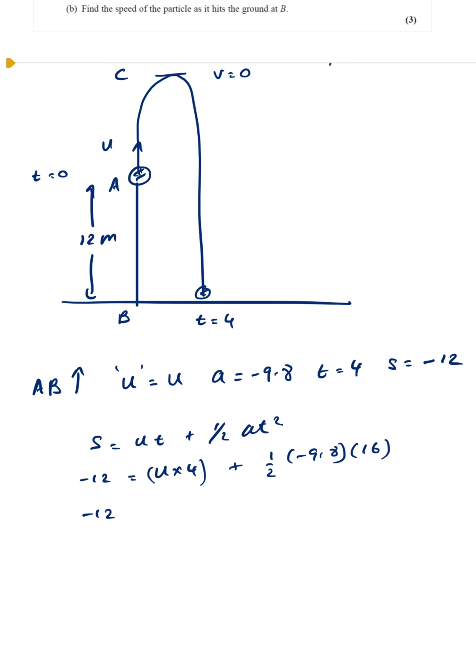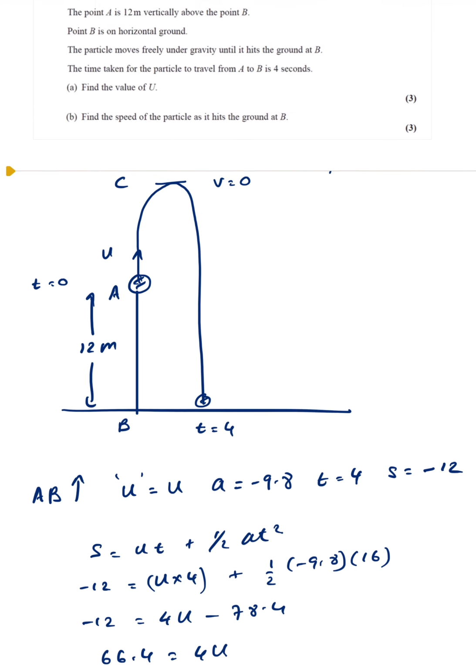So minus 12 equals 4u minus 78.4. Bring the 78.4 to this side, so you will get minus 12 plus 78.4, that's 66.4. 66.4 is equal to 4u. You divide it by 4 and you will get 16.6 exactly. So the initial speed u is 16.6 meters per second.